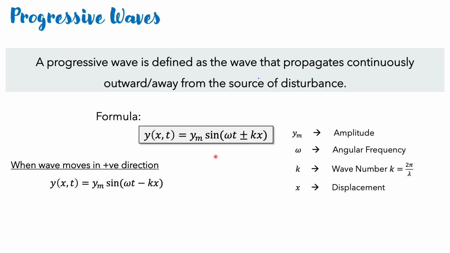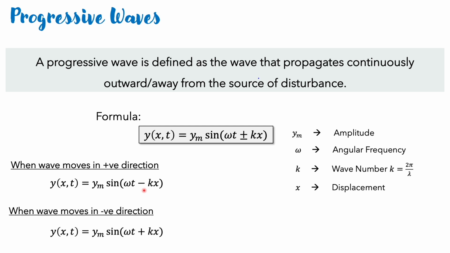If the wave is moving in the positive x direction, or just the positive direction, it is understood that it means along the positive x-axis. Then we use the minus sign, and when the direction of the movement is in the negative x-axis direction, then we use the plus sign.